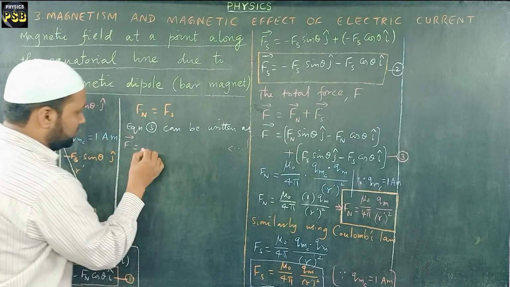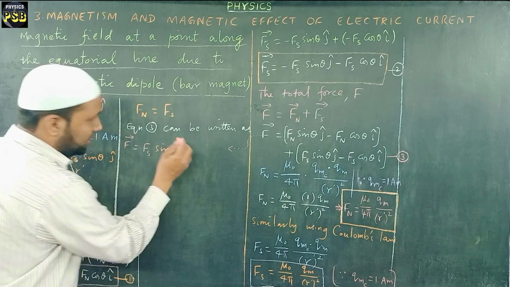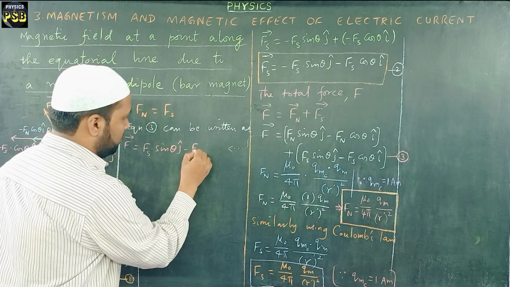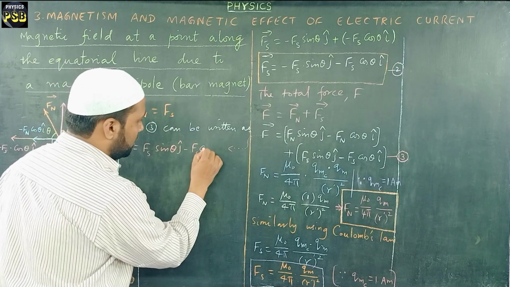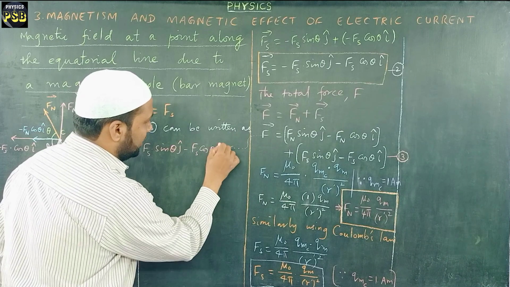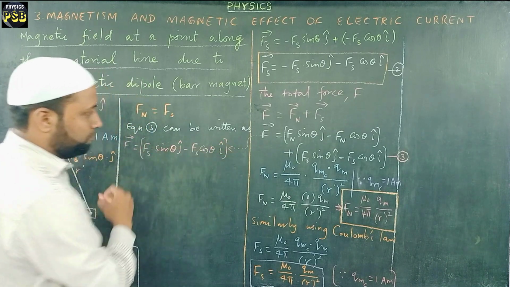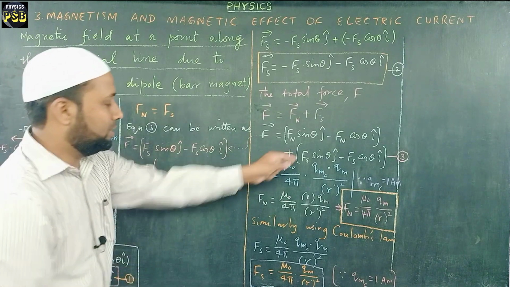So Fn will be replaced with Fs sin theta j cap minus F, replace Fn and write Fs cos theta i cap. Add it with this part.